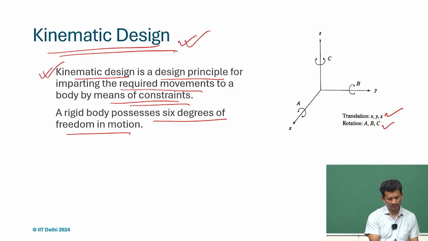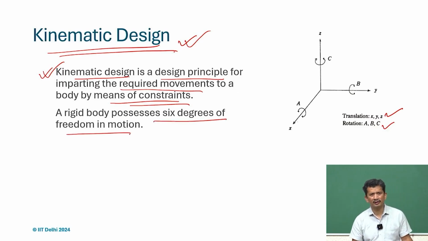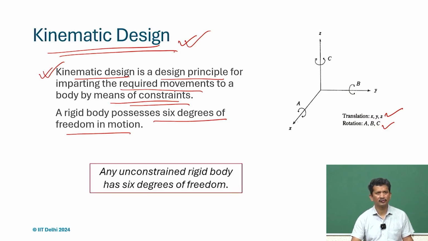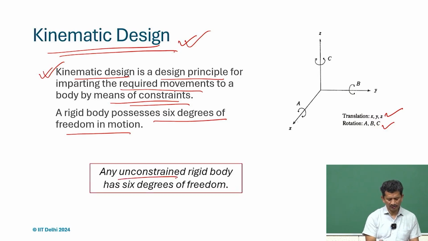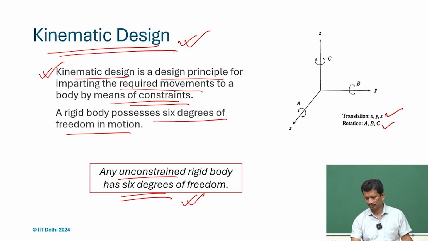Of course, for a rigid body in space, there are 6 degrees of freedom in motion. So, any unconstrained rigid body has a total of 6 degrees of freedom. So, always keep that in mind.